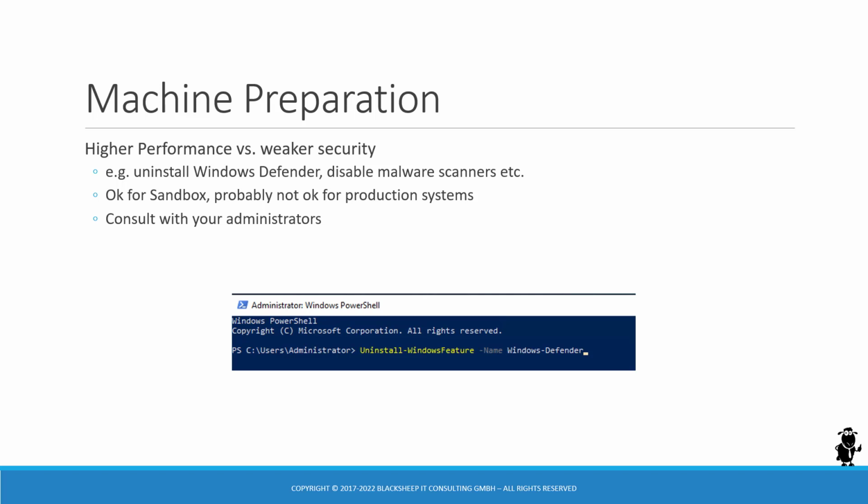One preparation step that you will see in the demonstration is, let's call it performance enhancement, in a way that we disable or uninstall any malware scanners such as Windows Defender, which will just slow us down.